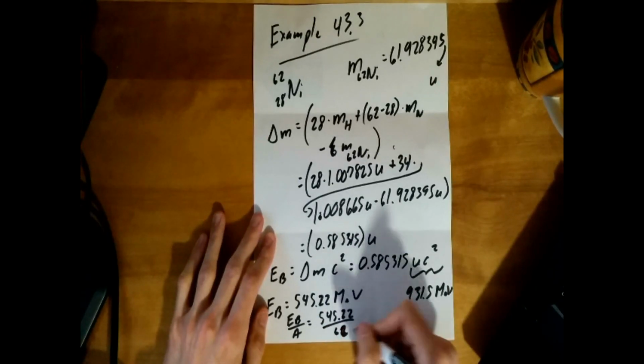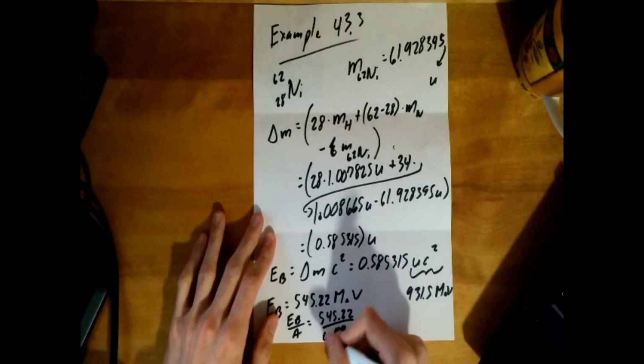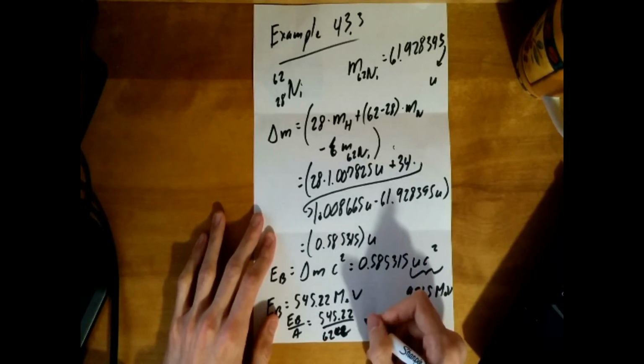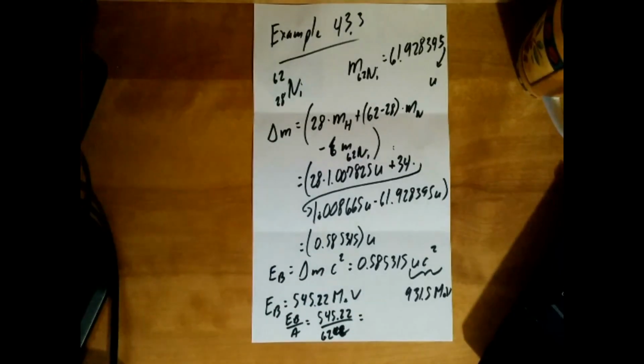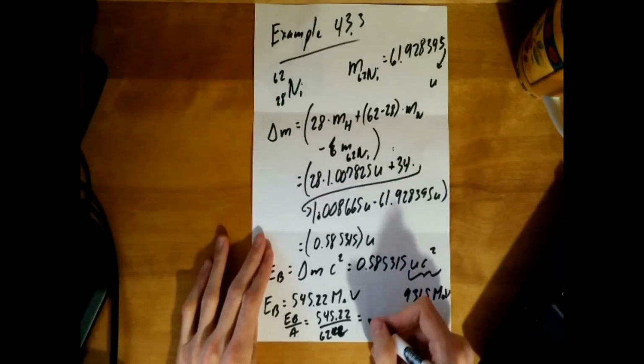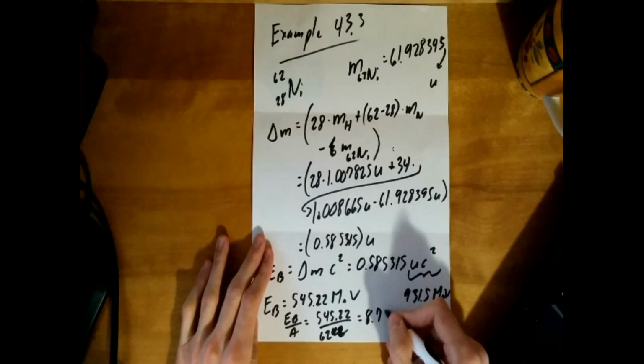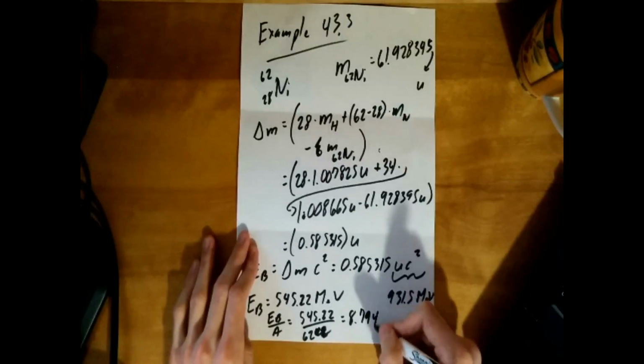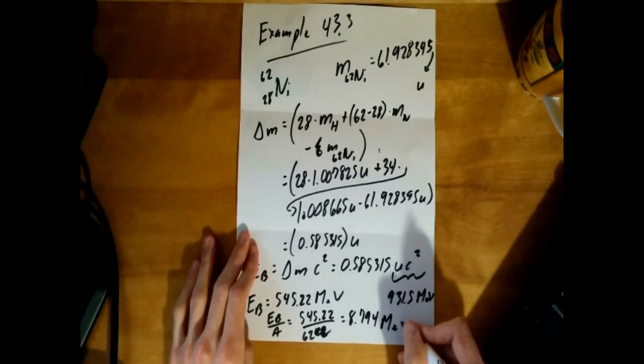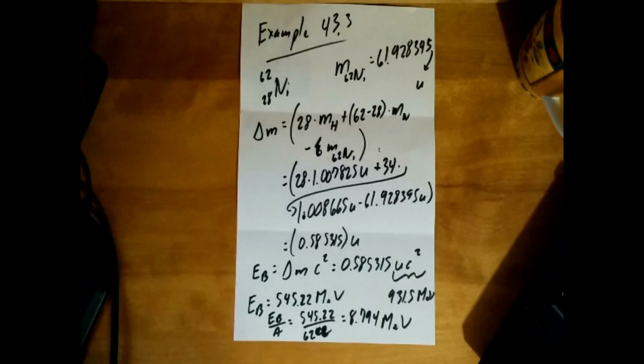This is 66, I meant 62. In mega electron volts. So on average, each nucleon is bound to its neighbors through a binding energy of 8.794, let's say, mega electron volts.